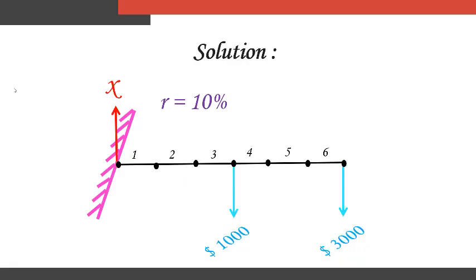Example number 3. In this example, we also have two debts, 1,000 and 3,000, due after 3 months and 6 months respectively, with a rate of 10%. Replace them with X. We know that the focal date lies before the maturity dates of the old and the new obligations.